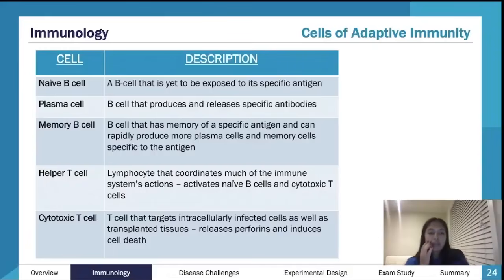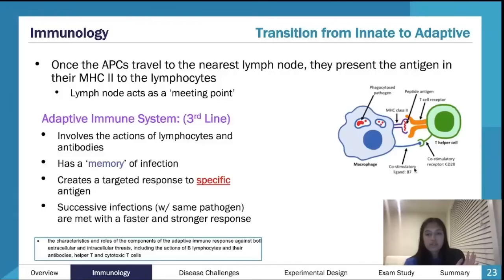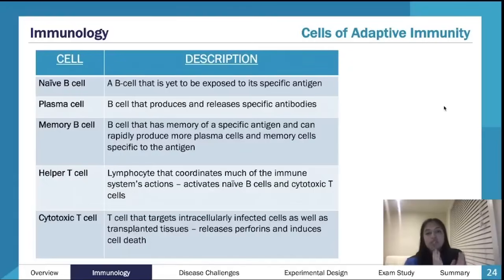Okay, so these are all our main players in our adaptive immunity. Don't really worry about naive and stuff like that. But you've got your B cell. Again, a B cell will have a similar receptor like this. It's to a specific antigen. If it's naive, it means it hasn't come across it yet. So in our bodies, in 2018, we had our little B cells.